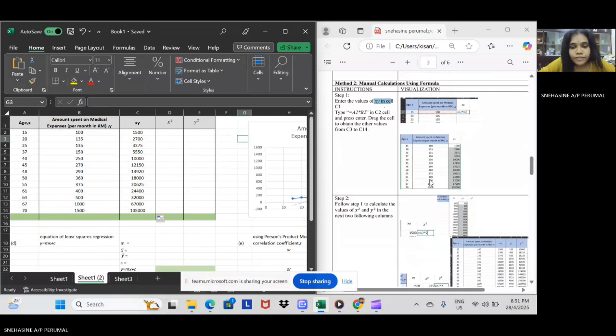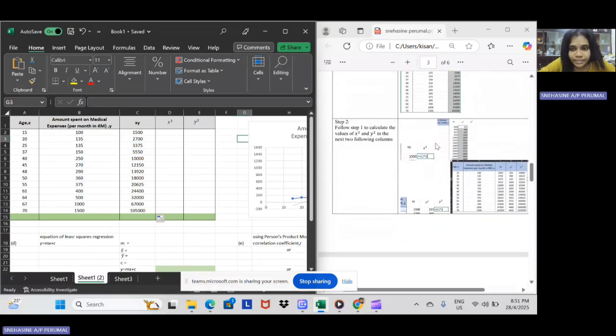Okay. Step 2 is follow the steps to calculate the value of x squared and y squared in the next two following columns. It is the same, but for the xy we just multiply, while for x squared you need to use the age for the x.